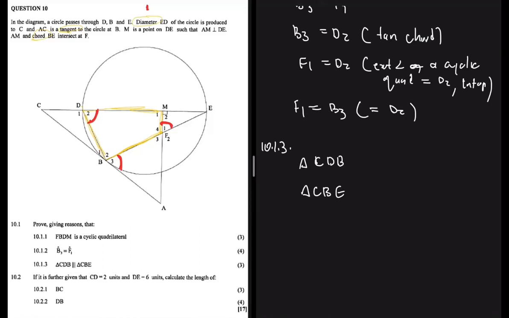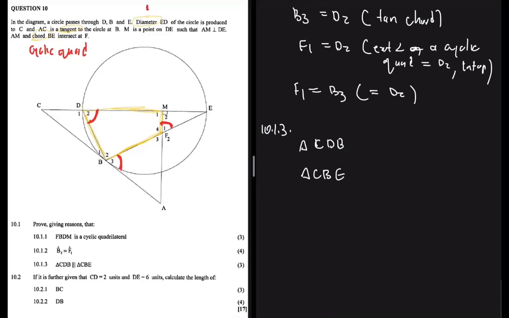And another thing we just know is that FBDM is a cyclic quad. So we can just add cyclic quad here, cyclic quad, just in case we might forget. But apart from that, these are the only properties we are using, right?